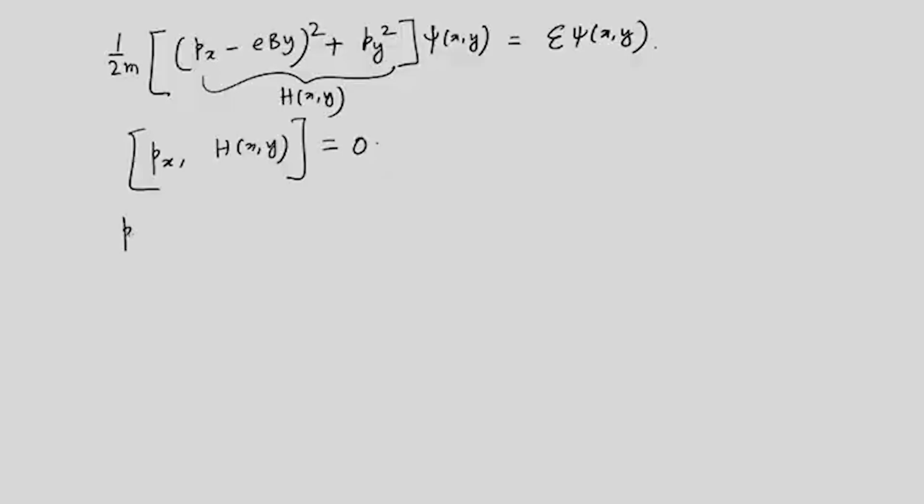So, Px is equal to constant, which tells you that h cross kx is equal to constant. And now, because we are talking about a quantum mechanical problem, this kx is quantized as 2 pi nx divided by Lx.